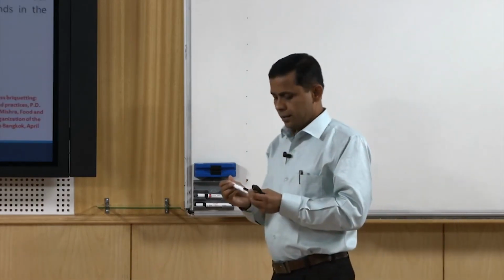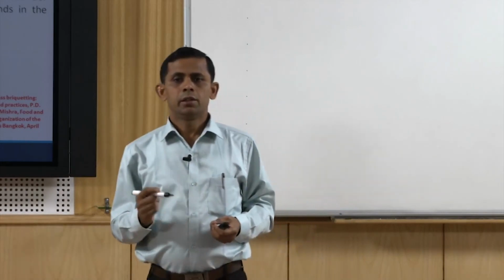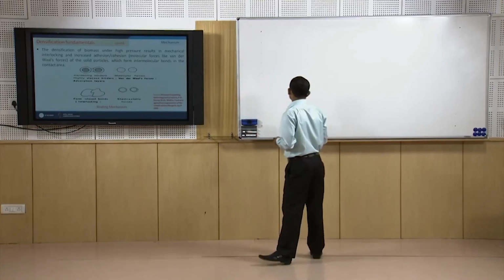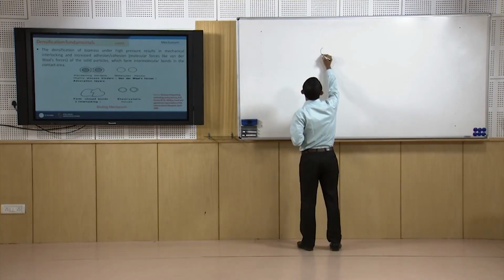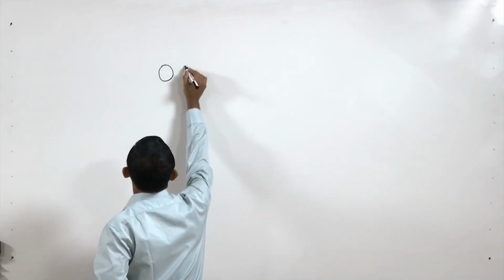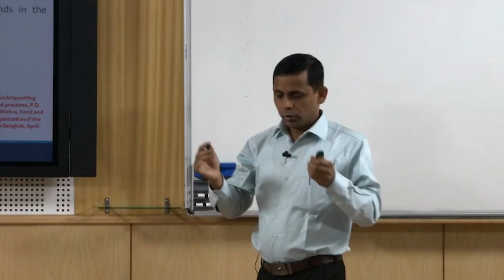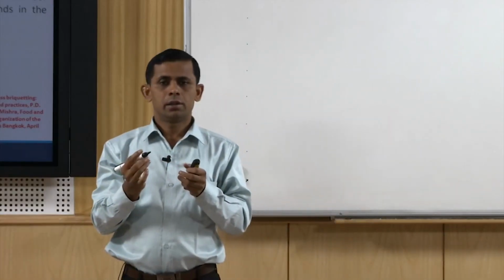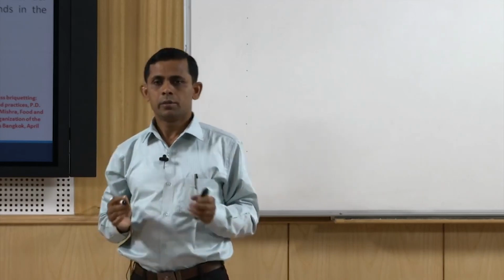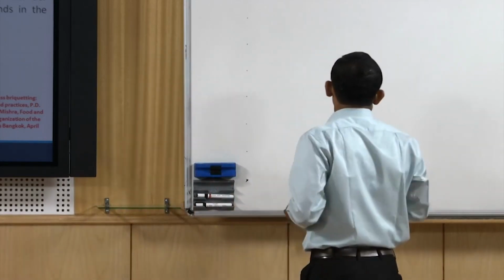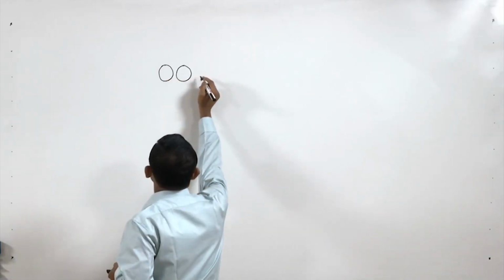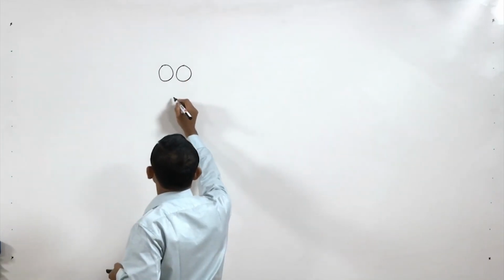If we take some solid material, it will have some particles in it. Those particles will not be very close to each other, but will maintain some distance. Although they will have some interactions, there will be some separation between these two particles, and this is due to the van der Waals forces.